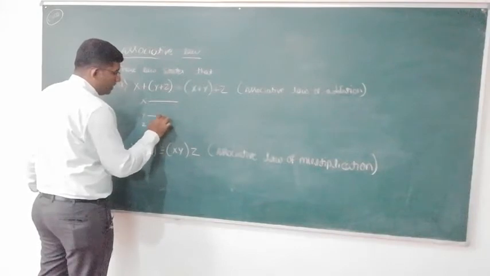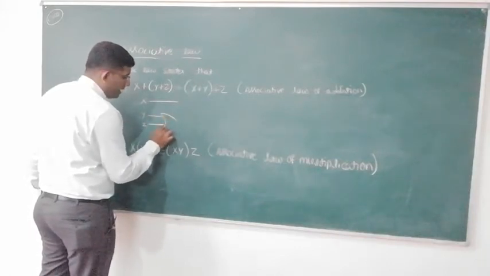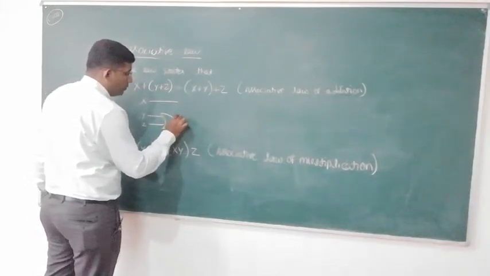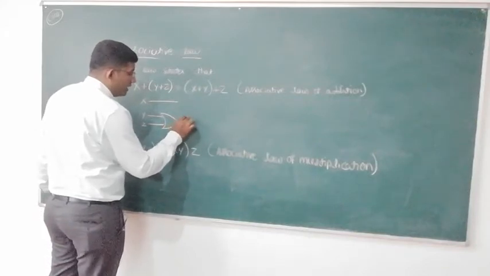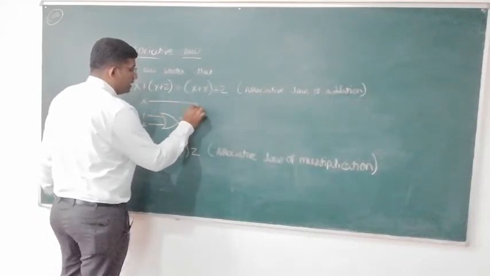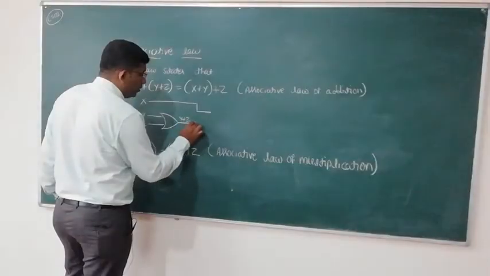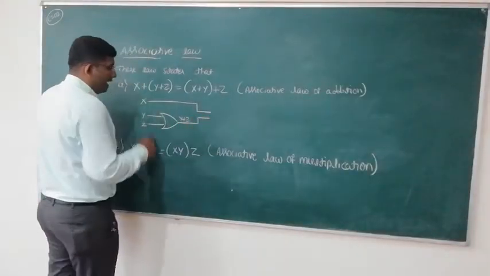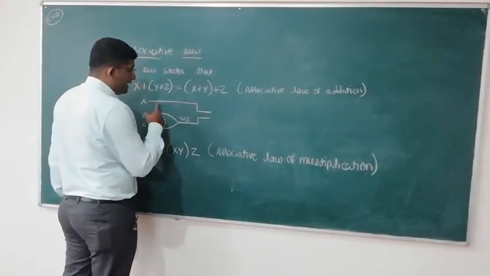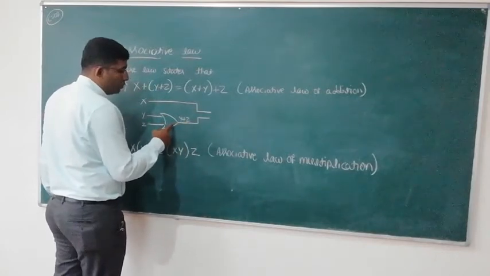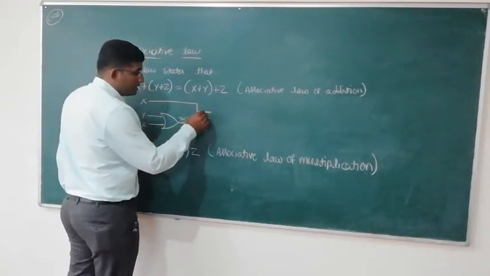These two will be added first by making use of an OR gate, and the output of this one will be y plus z. Once again, I am considering one more OR gate, and the first input for the OR gate is x, and the second input is the output of the first gate, that is y plus z.